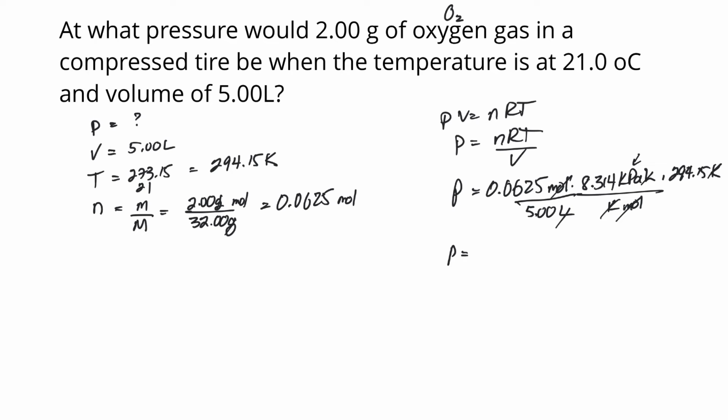Life is good. Okay, let's plug all that stuff in. So 0.0625 times 8.314 times 294.15 divided by volume of 5. So I'm getting 30.5695 kilopascals.